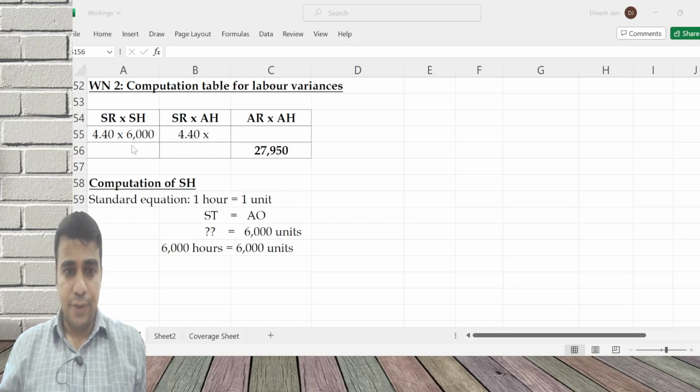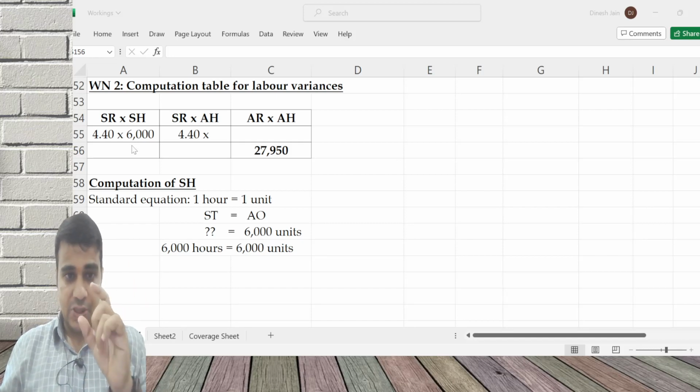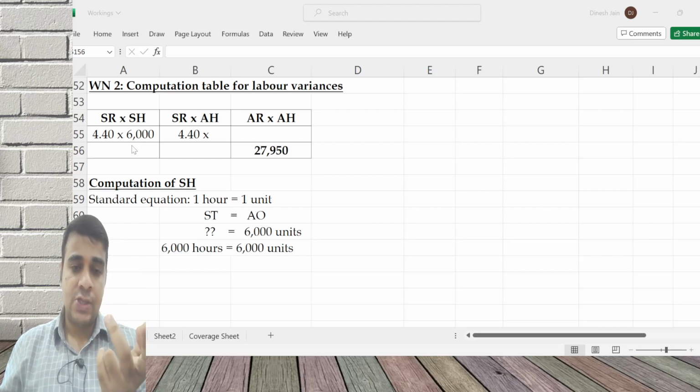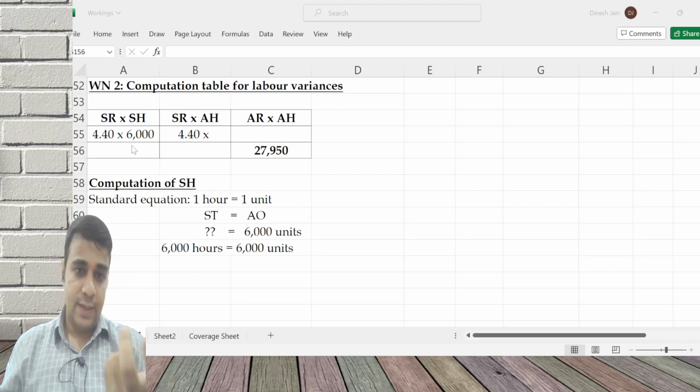AH I don't know. I don't have any other data to calculate AH. We'll come back to this once we are done with variable overhead. In variable overhead, we may get AH that I can copy paste. In a comprehensive problem, the SH can be copy pasted from labor to variable overhead or the other way round. That's your wish.